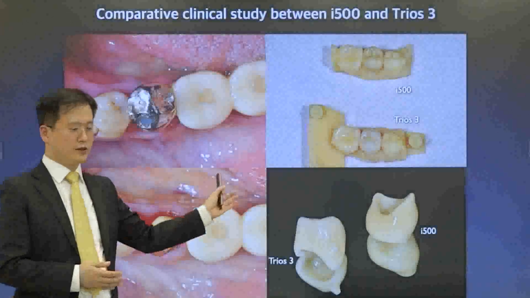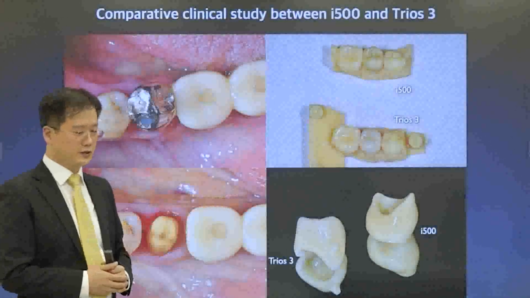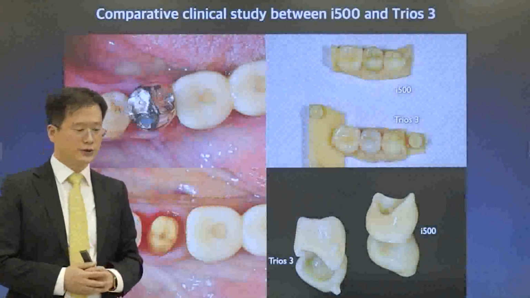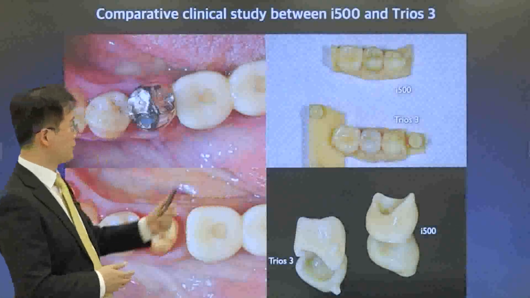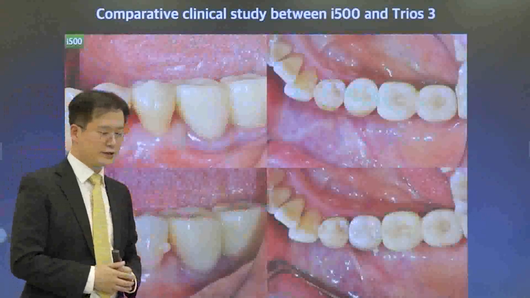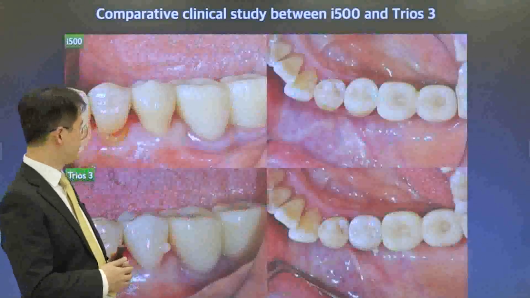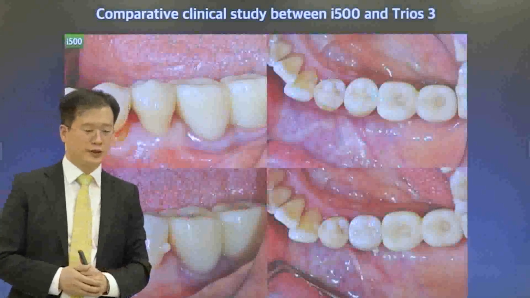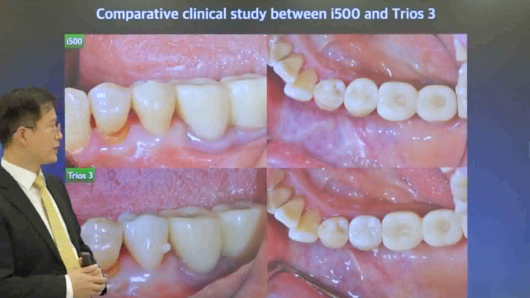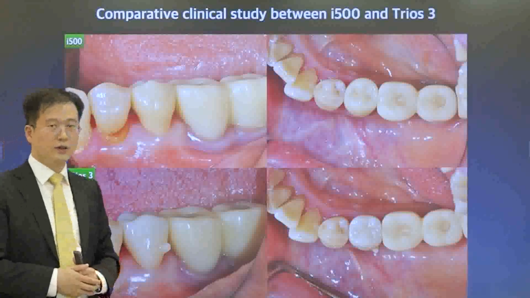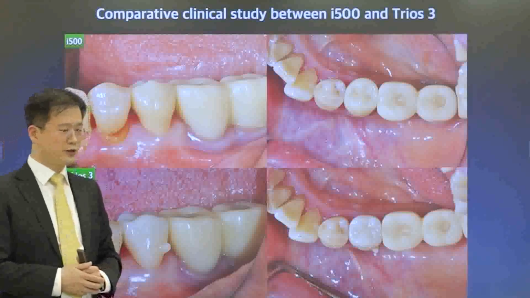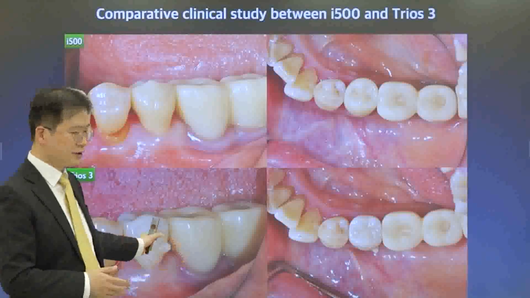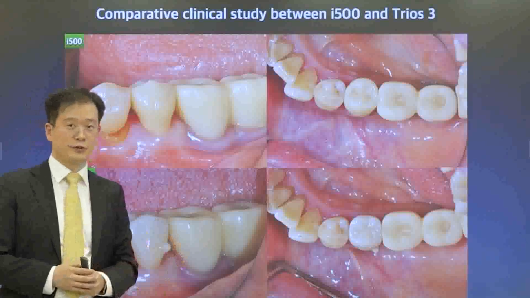As you can see from the clinical photos, I fabricated monolithic zirconia crowns from the intraoral scan data from two devices. Marginal fit and occlusion were evaluated and compared between the two intraoral scan systems. Although the crowns were manufactured based on the intraoral scan data, marginal accuracy was good enough for clinical application.